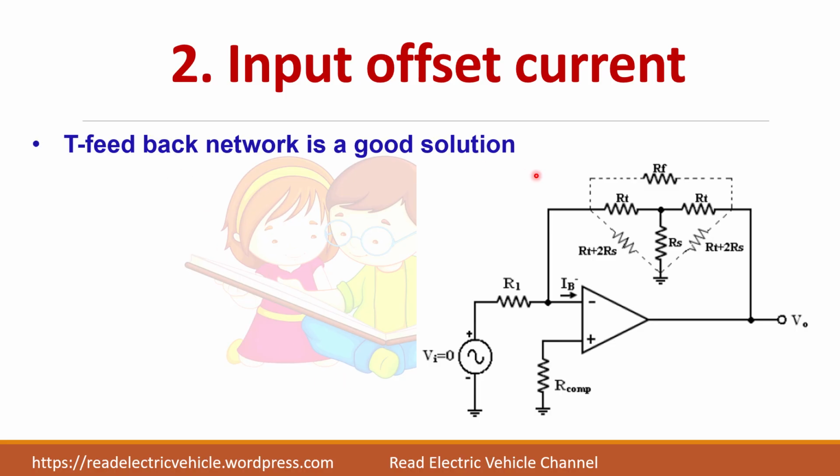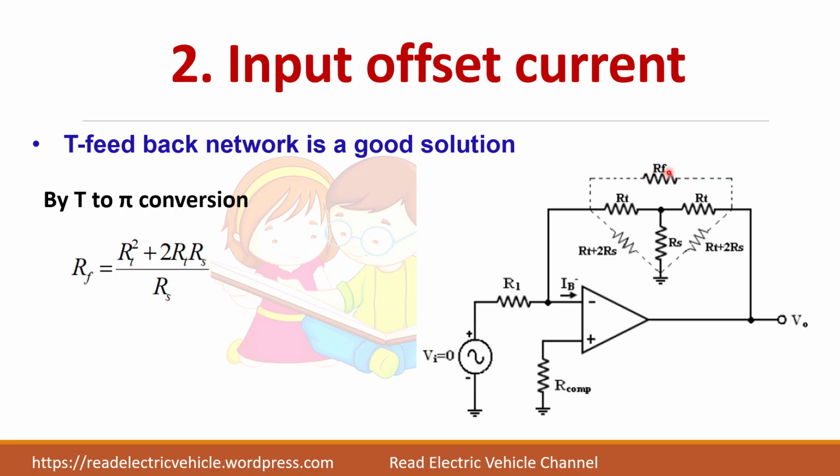So the best method is going for a T feedback. You can see here, this is a T network. This T network helps to reduce the feedback resistance, whereas you can also compensate this output voltage due to the offset current. If you convert this T to a pi conversion, you can find the value of RF.